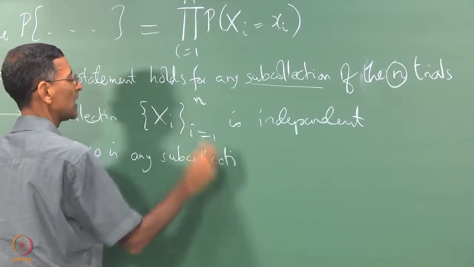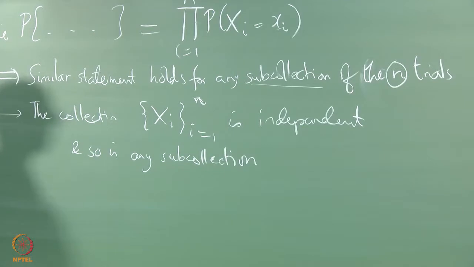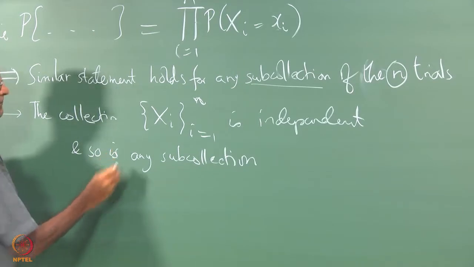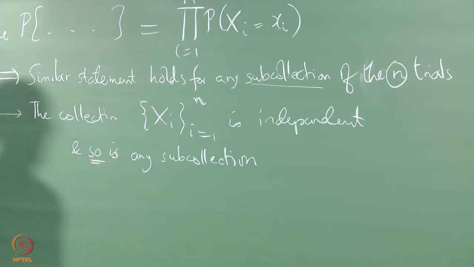So here we are looking at all n of them. We can also look at any subcollection, and this property copies onto it.